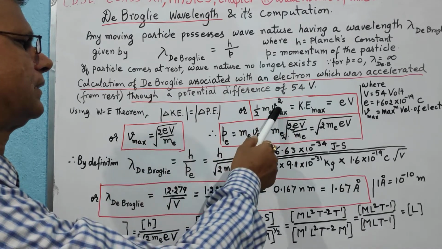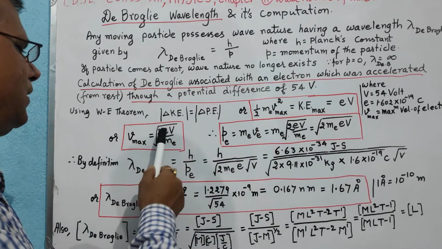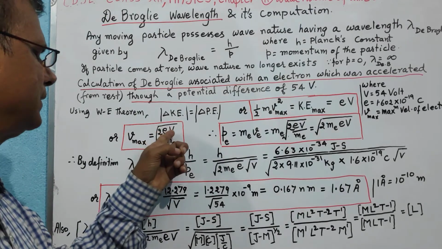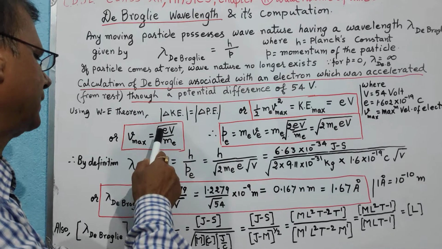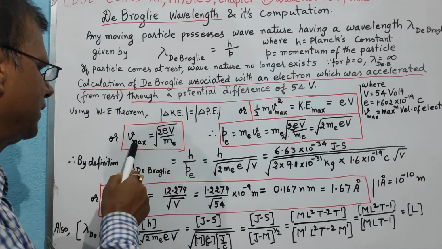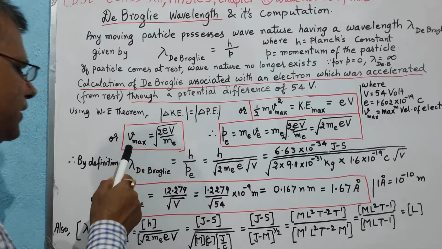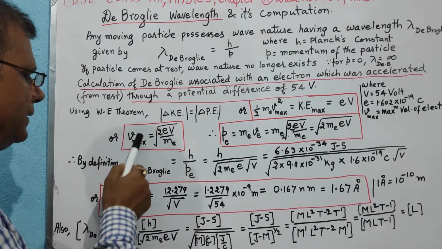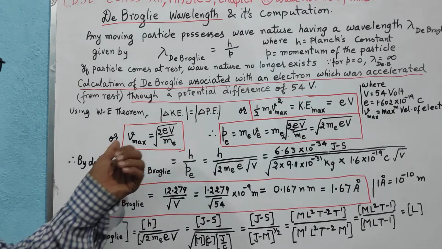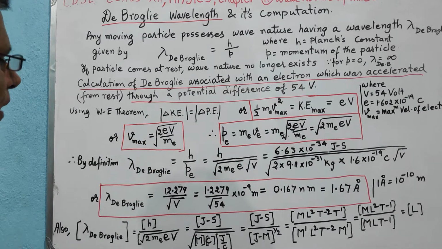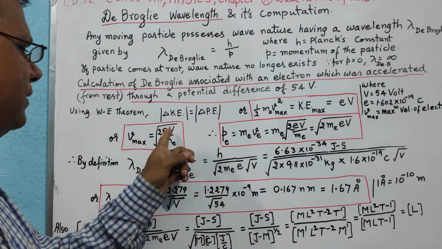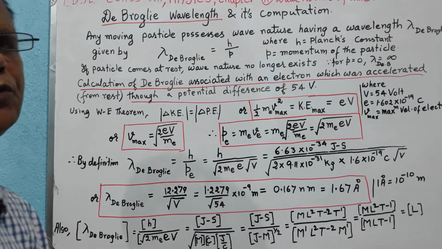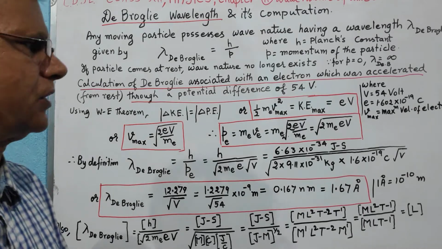Now from this relation you can clearly have velocity equal to the square root of 2eV upon m_e, where V is the potential difference, and do not confuse it with the expression v for speed. Velocity, we write in italic form. So v represents the velocity of the electron, and this capital V represents the potential difference across which the charged electron has been accelerated.